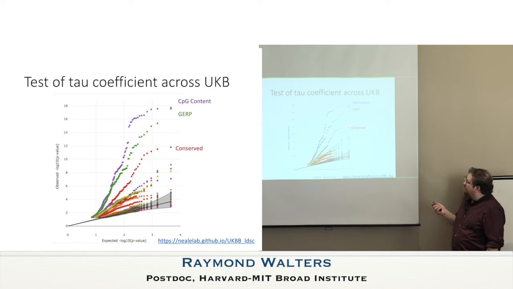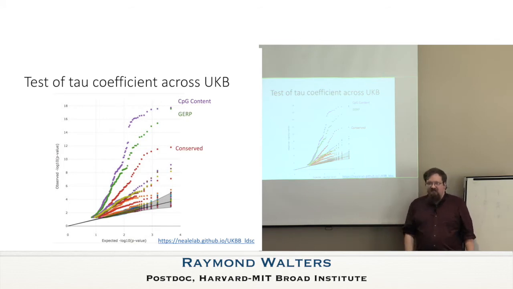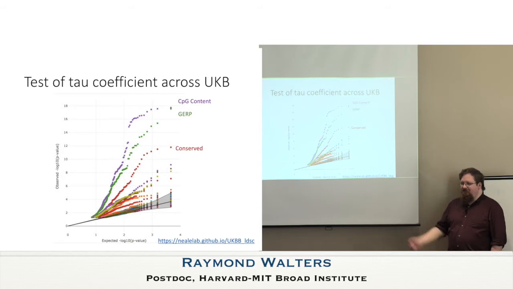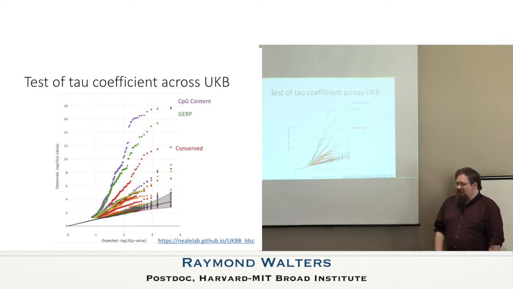That's actually the same conservation annotation used previously, and there are other histone marks and such that show up highly here as well. This is from an earlier version of the analysis than we have now. You can find an interactive figure at that link that will let you hover over the individual points here and know what phenotype is going with which dot, and all those kinds of fun things. But just to get a sense of that, at least in a sufficiently large sample size, it is quite normal to see significant taus for a lot of these annotations.